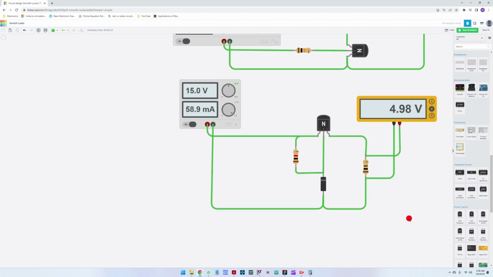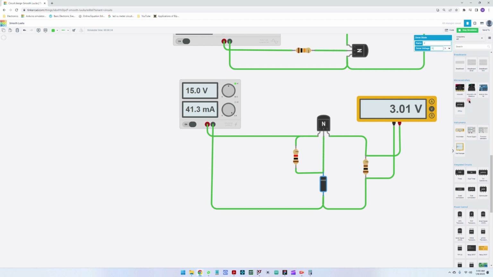Okay, but let's say we want a 7 volt output. Then we just put a 7 volt Zener, and then we have 7 volts. But what about a 3.3 volt output? Because 3.3 is quite common for some controllers that have a 3.3 volt supply.